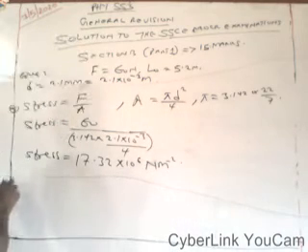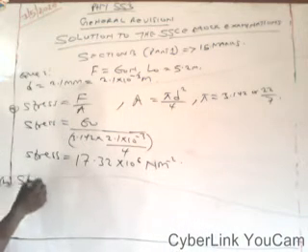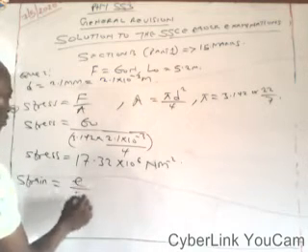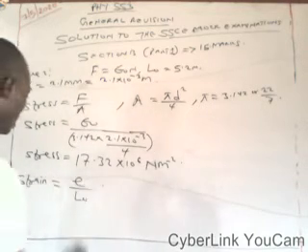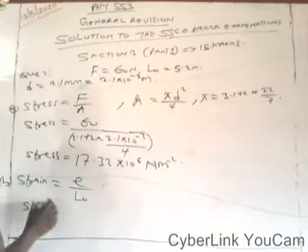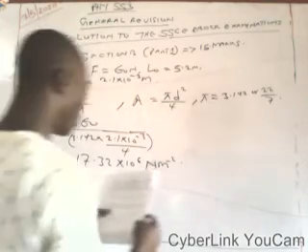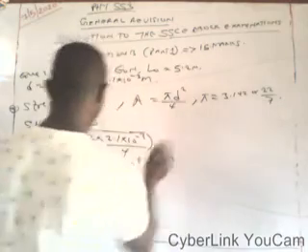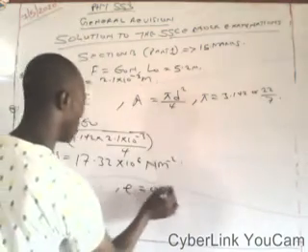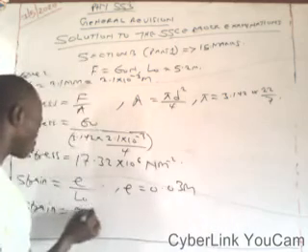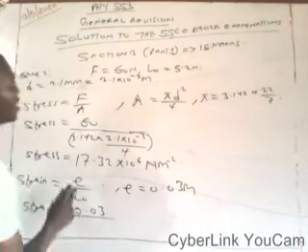Now B, that is strain. Strain is defined as extension over original length. So the extension, from the question, we are given to be 0.03 meter. Then we substitute 0.03 over the original length.